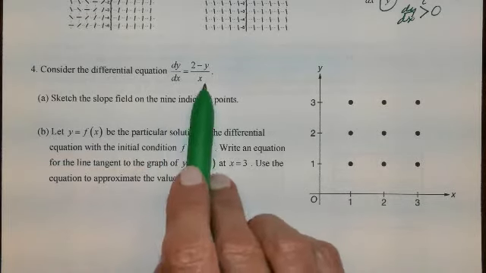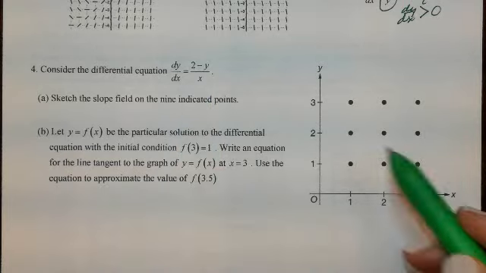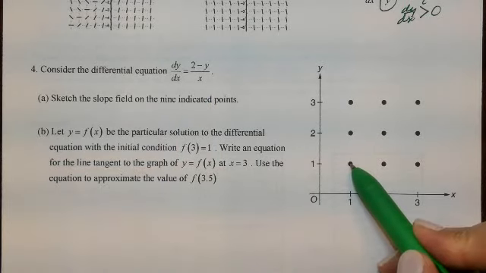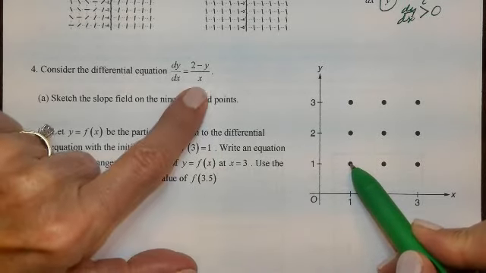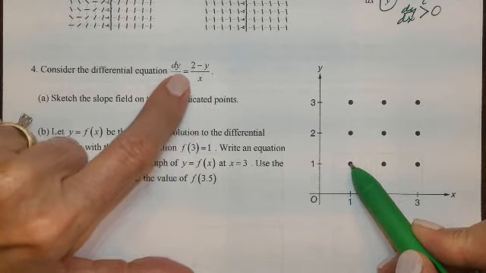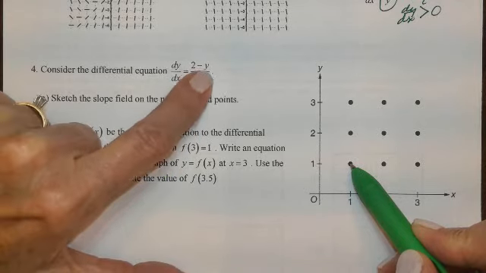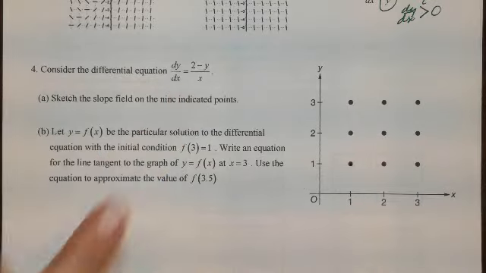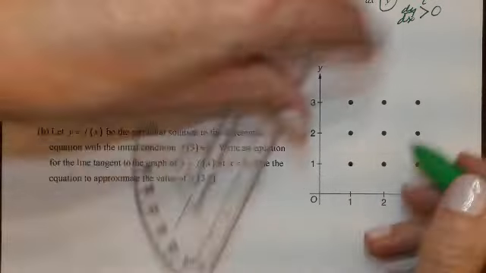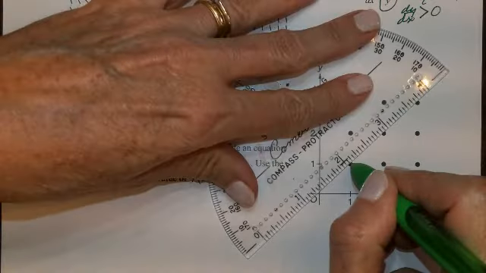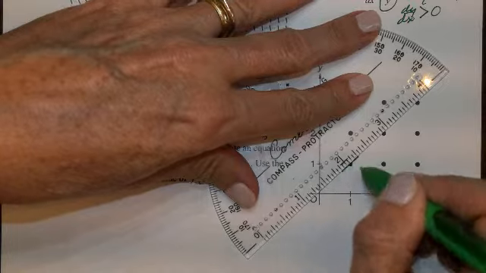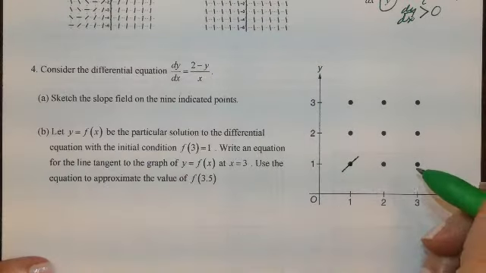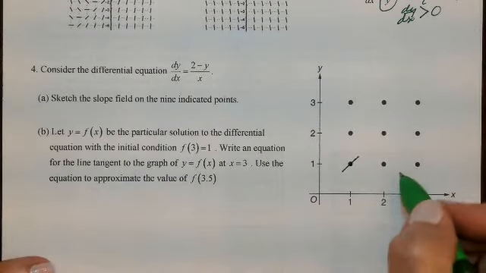Okay. All right, so after that, I'm just going to come in. Let's put in the point (1, 1). At the point (1, 1), and you can do this in your head, the slope will be (2 minus 1) over 1. So 1. So this slope would be 1. Okay? Then go to another point and keep on going.